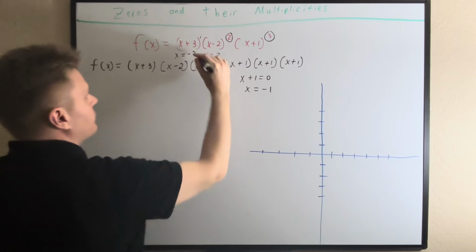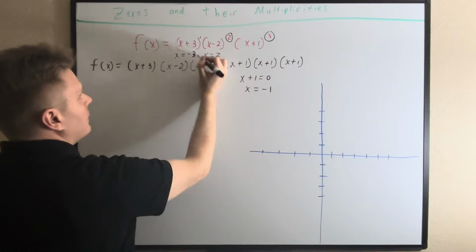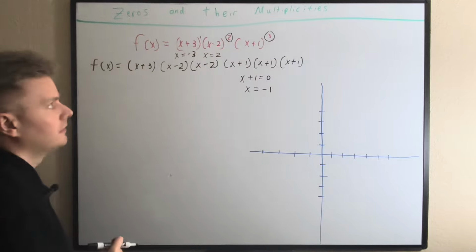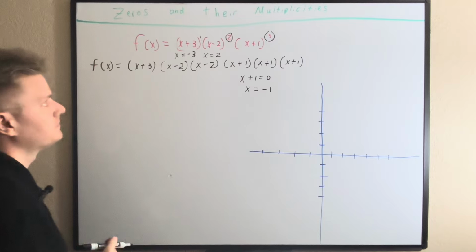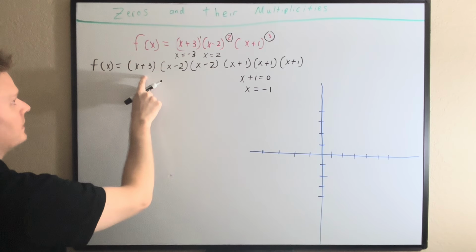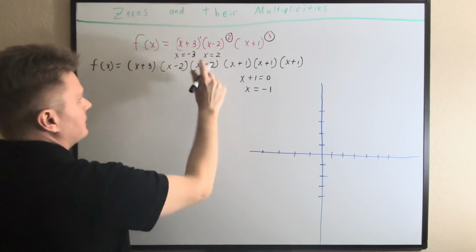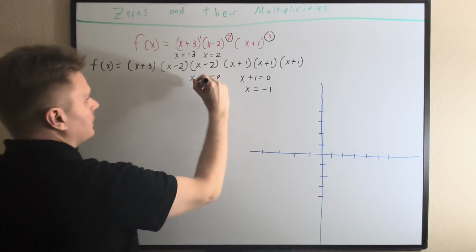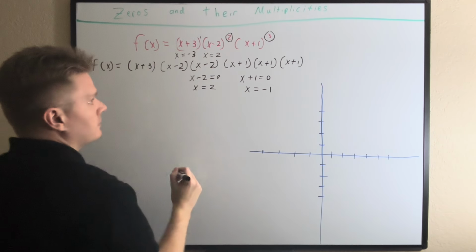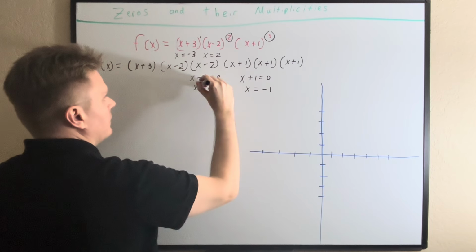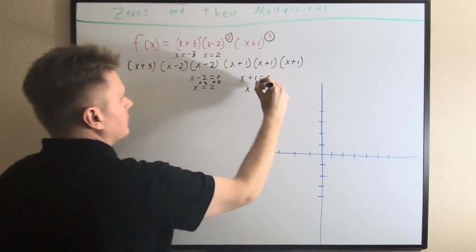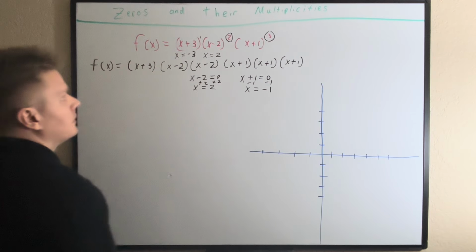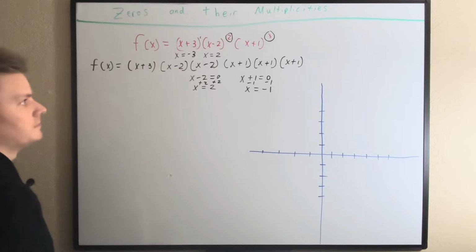Multiplicity of -3 is 1. Got it? It only appears once. And I found these by setting them equal to 0. I just did a little quick mental math, right? Add 2 to both sides. Subtract 1 from both sides. Right? Same with x plus 3.